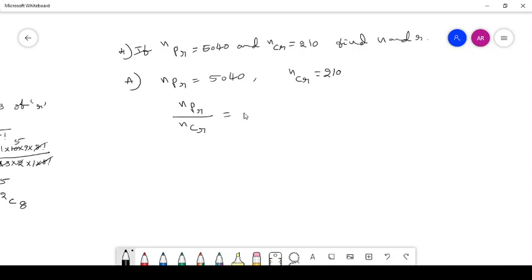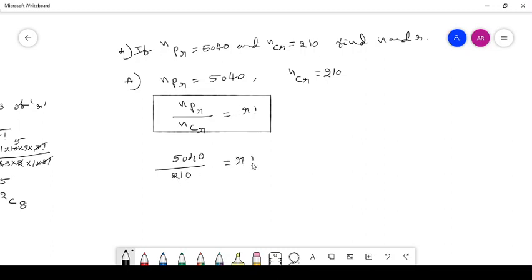By using this result, nPr is 5040 by nCr is 210 is equal to r factorial. 0 will be cancelled. 21 into 24 is 504. So therefore r factorial is nothing but 24.